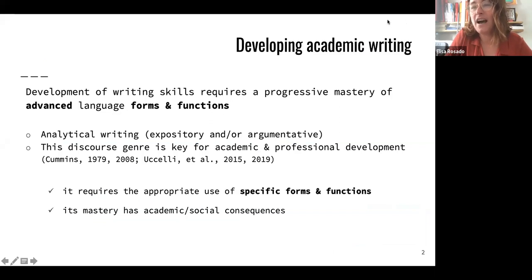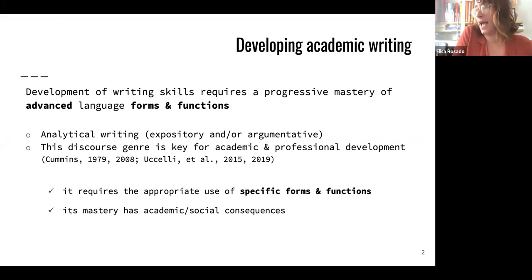What we're actually discussing today, the starting point of the study we share with you today, is the study of academic writing from a developmental perspective. We've been working from that perspective quite a long time now. And what we do is assume that the development of writing skills implies progressive mastery of specific advanced forms and function.